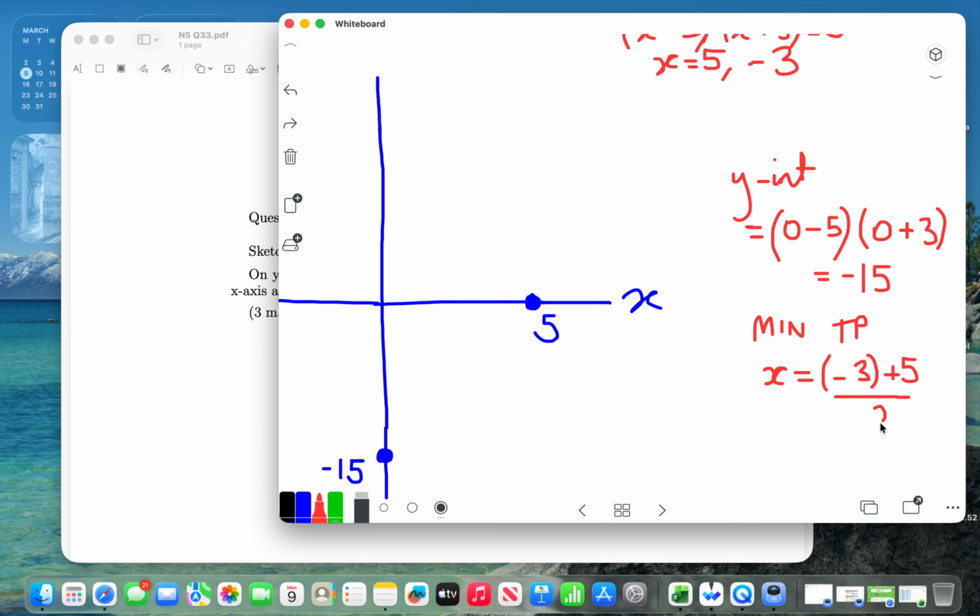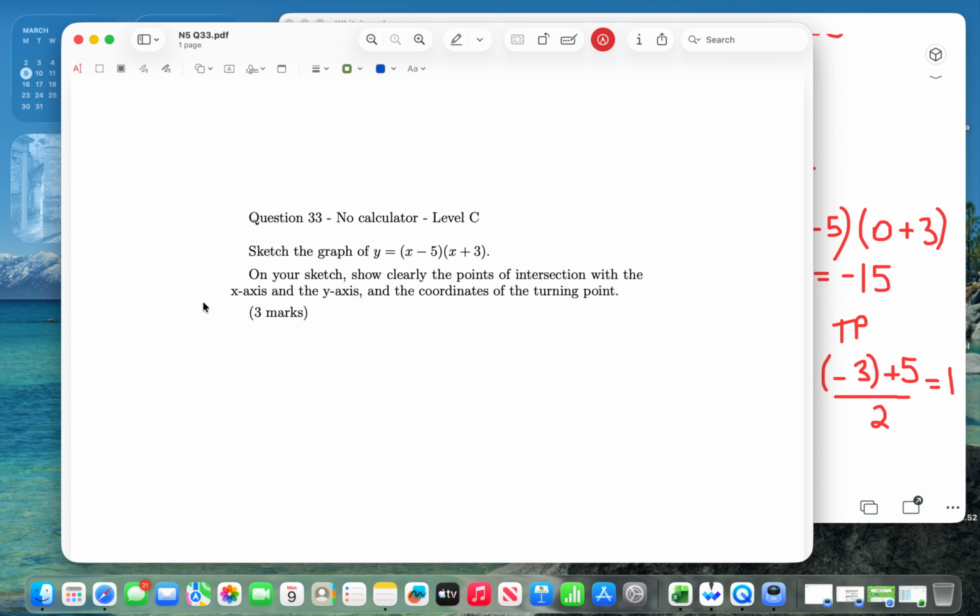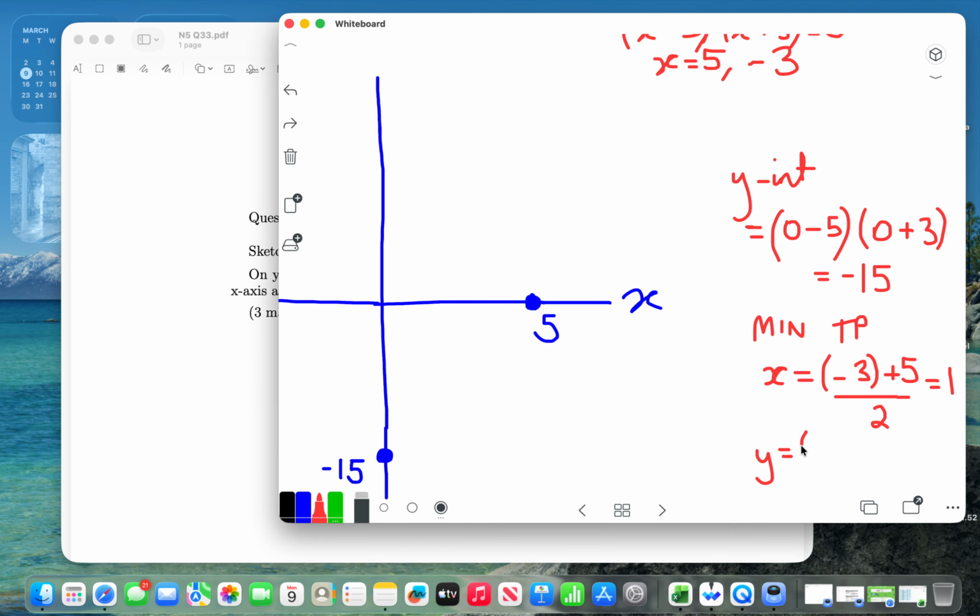So 5 minus 3 is 2, divide by 2 is 1. So the x value is 1, and the y value we find by substituting into the equation when x is 1.